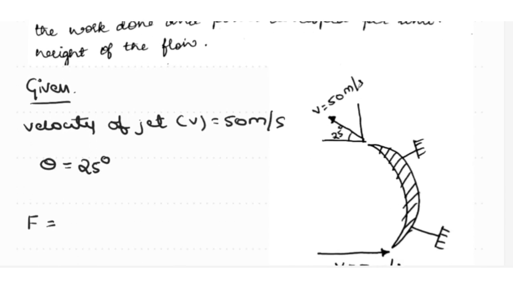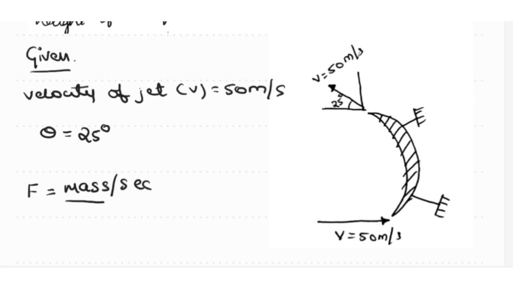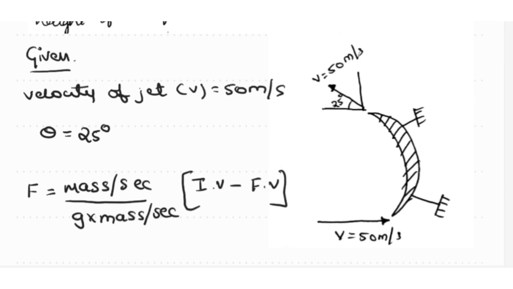Usually we will write it as mass per second. Since we are dealing with per unit weight, you should write it as 1 by g into mass per second into initial velocity minus final velocity.